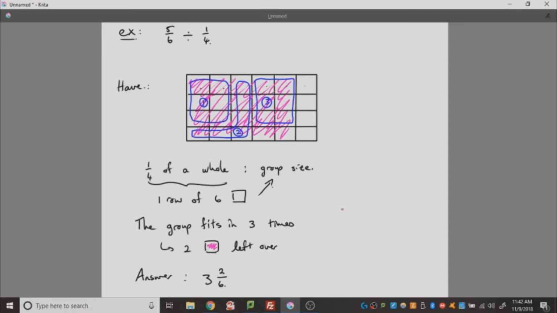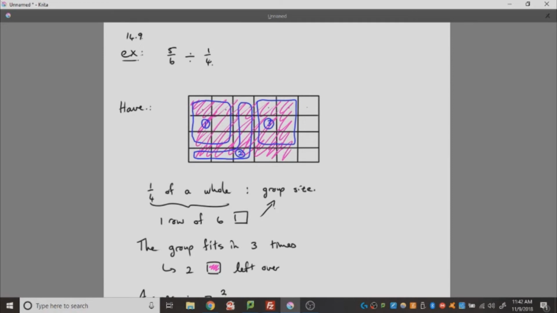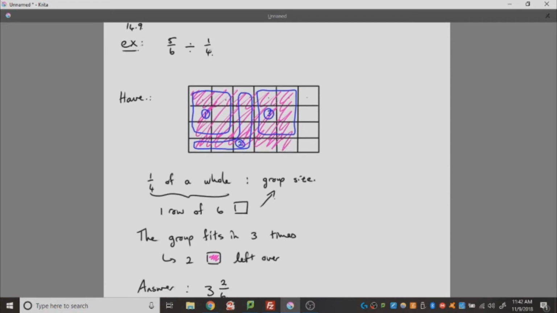So how many little squares does that even make? So that I can get my group size and then relate that group size to what I actually have in this case. Because if I had something else over 6, my pink would change, but the group size would still be the same.